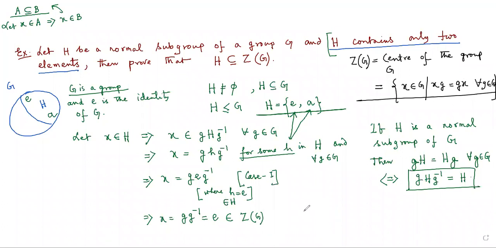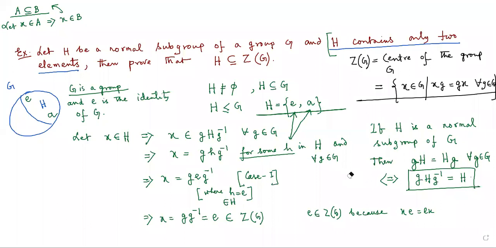Now, e belongs to Z(G) because Xe is equal to eX for all g belonging to G, and therefore e is the element over.